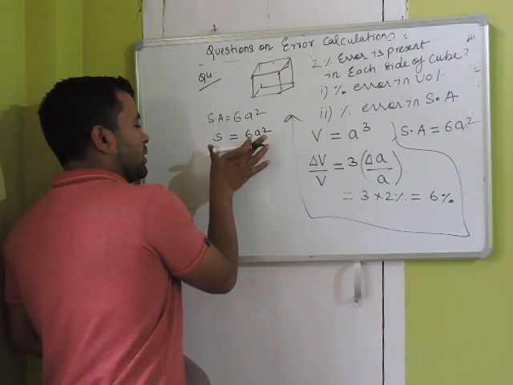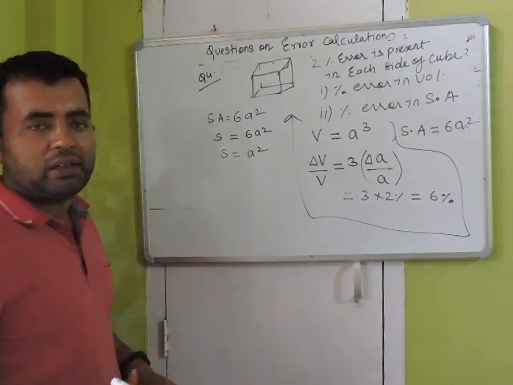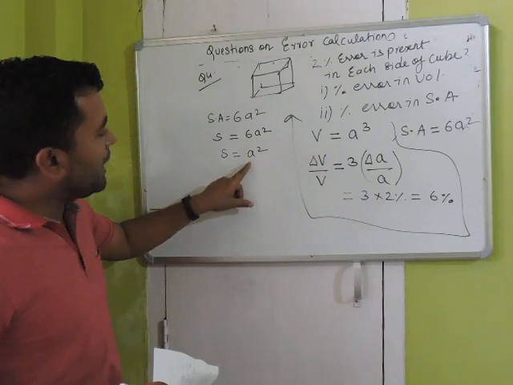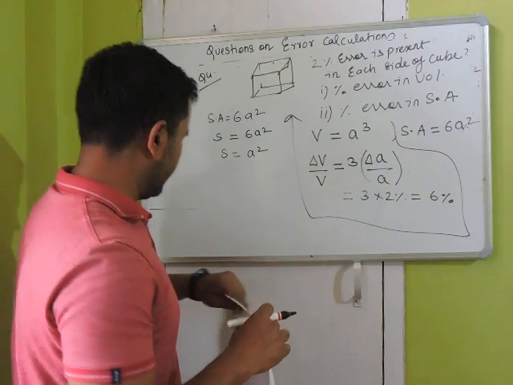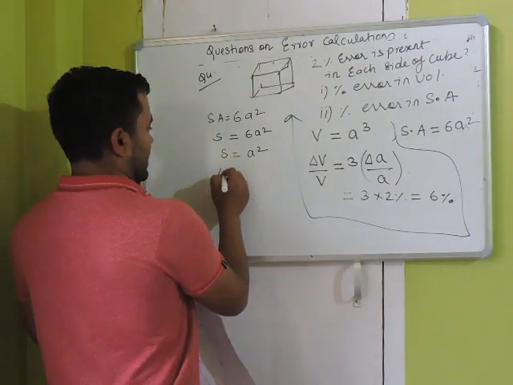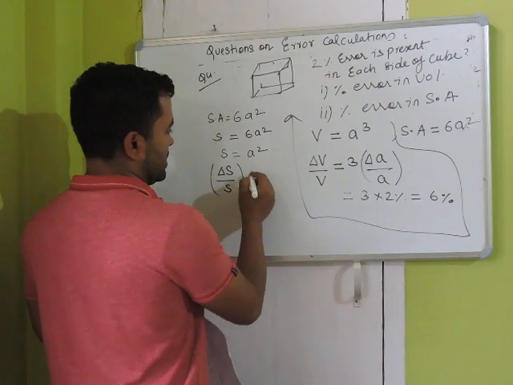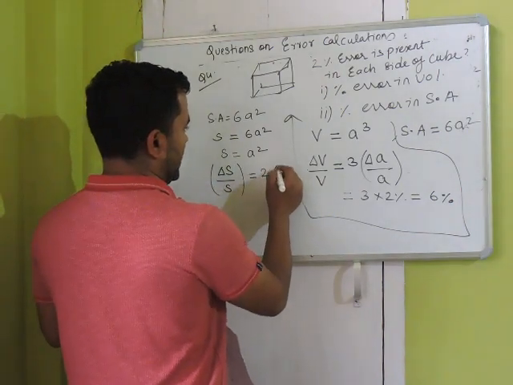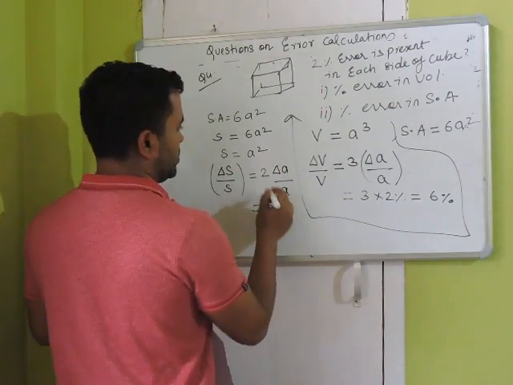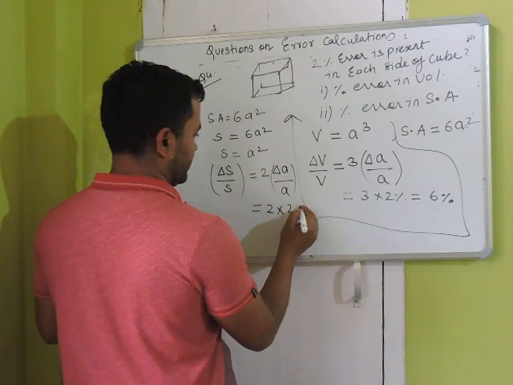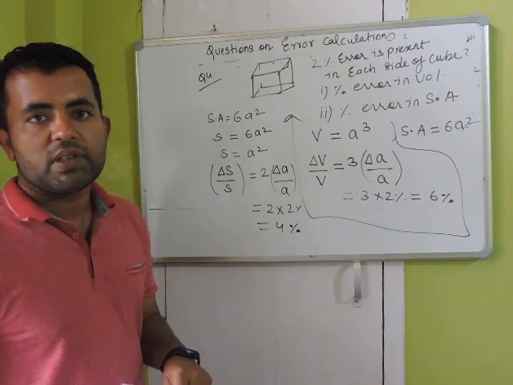It is correct to write surface area as a square in the calculation of error. 6 is a constant, it does not enter when you calculate the error. Now the fractional error in S or surface area will be, this comes here, 2 delta A by A. So this comes out to be 2 into 2%, which is given. So 4% error will be there in surface area.